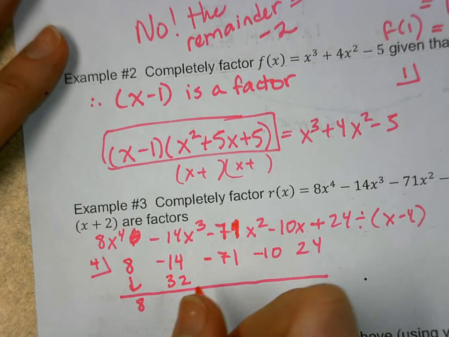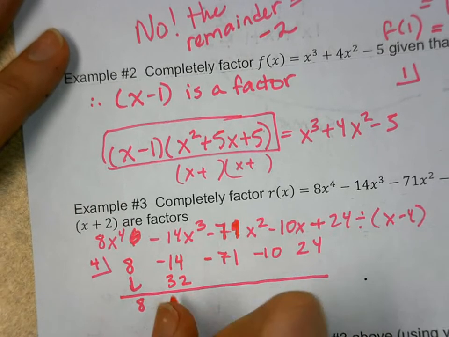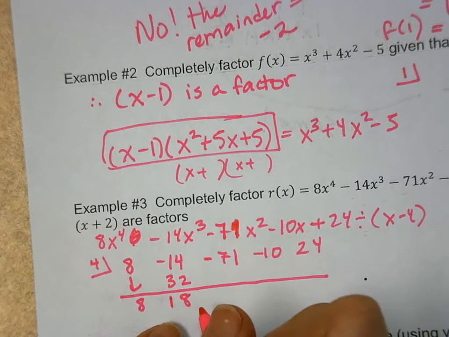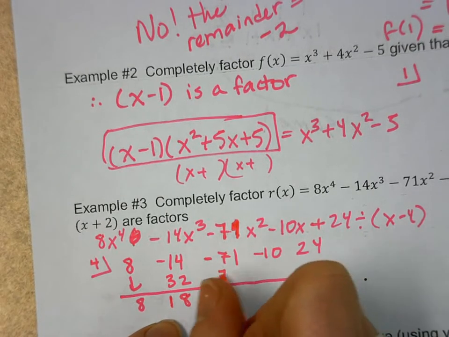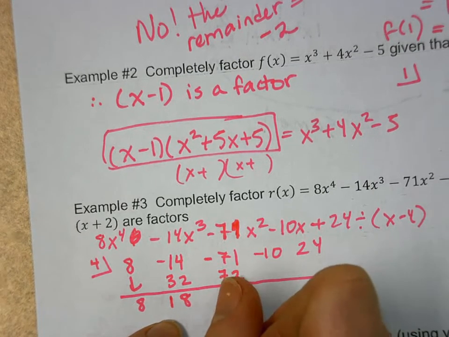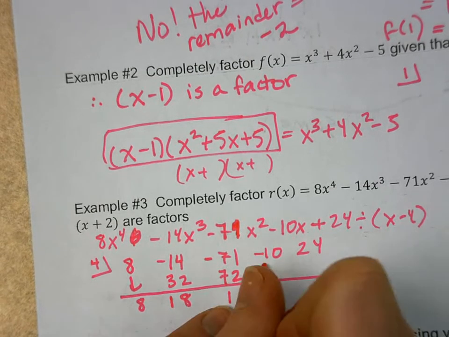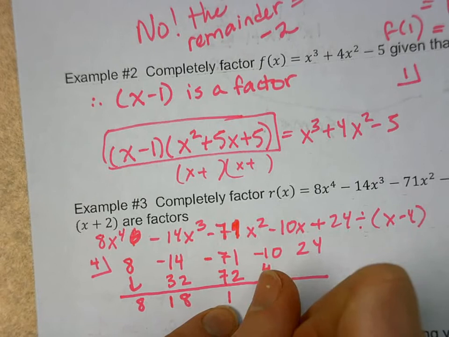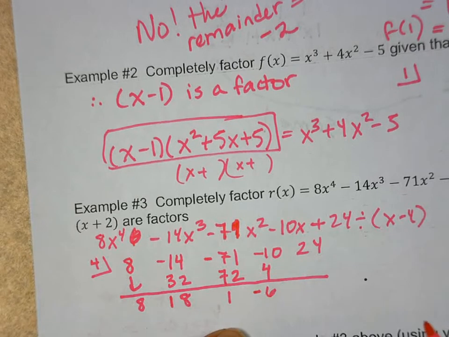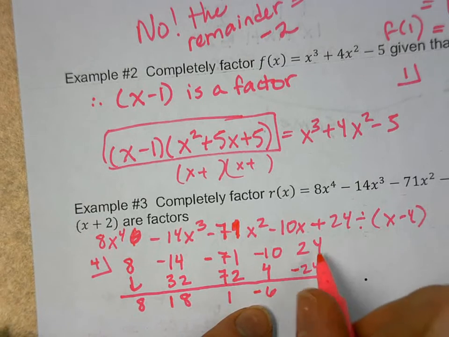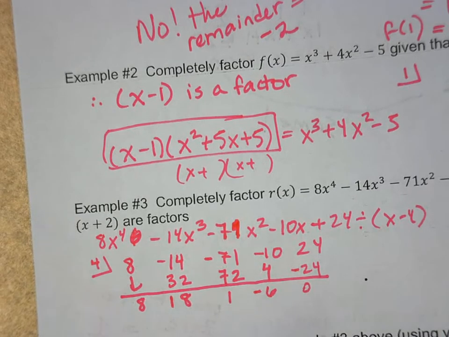Negative 14 plus 32 is 18. Yep. 4 times 18, 40 plus 32 is 72. Negative 71 plus 72 would give me 1. 4 times 1 is 4. Negative 10 plus 4 would give me negative 6. 4 times negative 6 is negative 24. 24 plus negative 24 is 0.